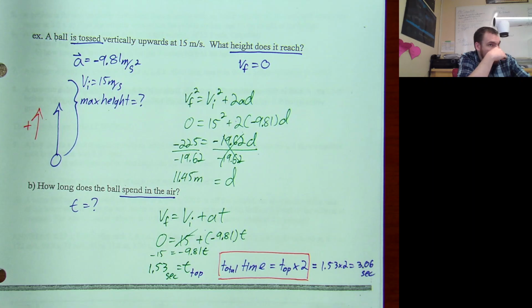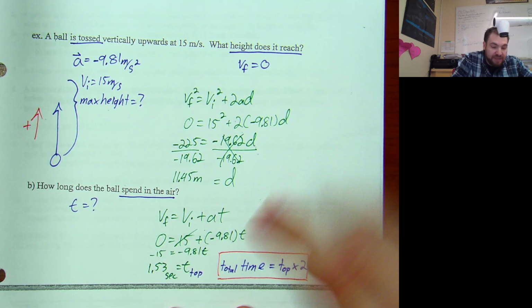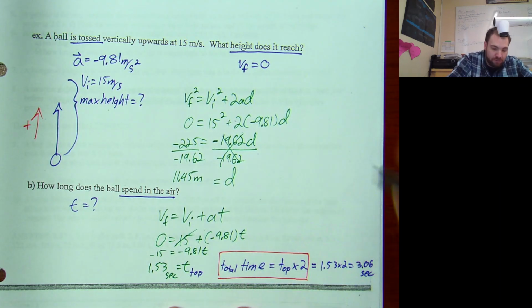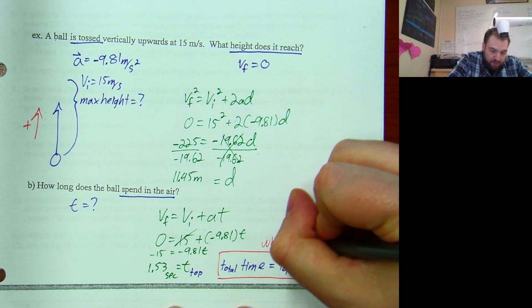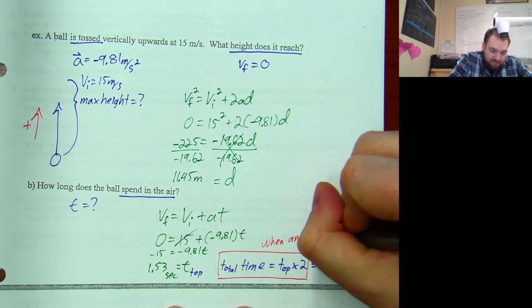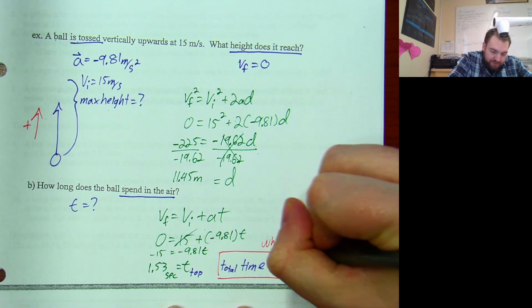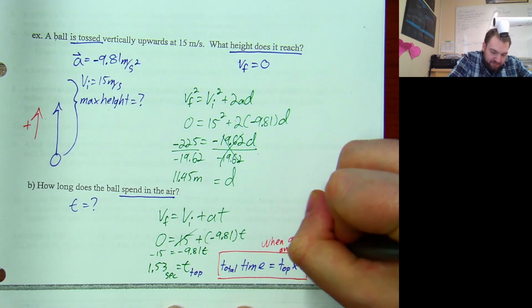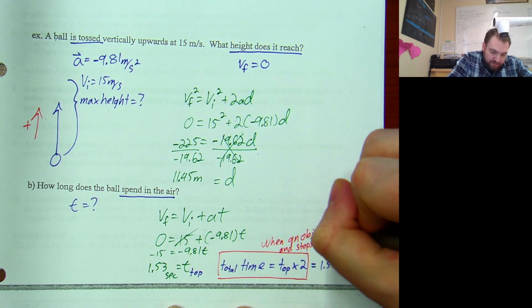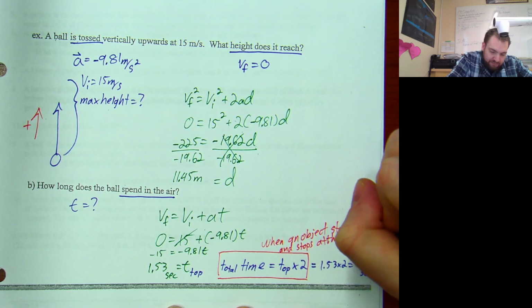Manuel. Zaid. This is only true when an object starts and stops at the same height.